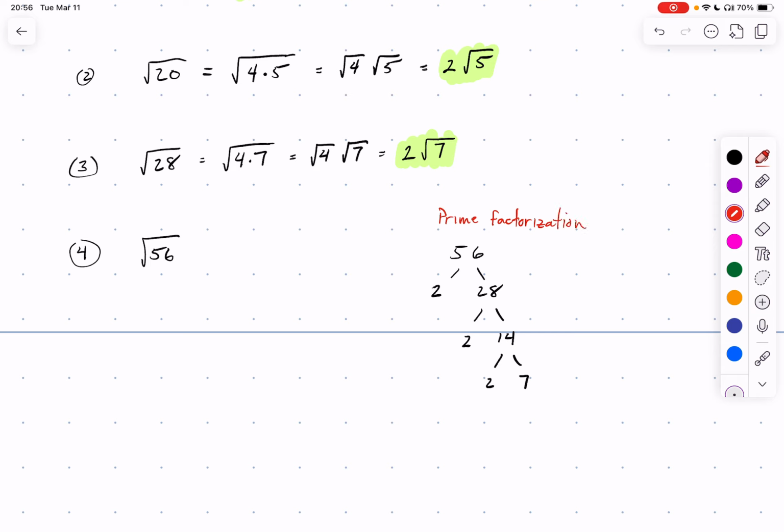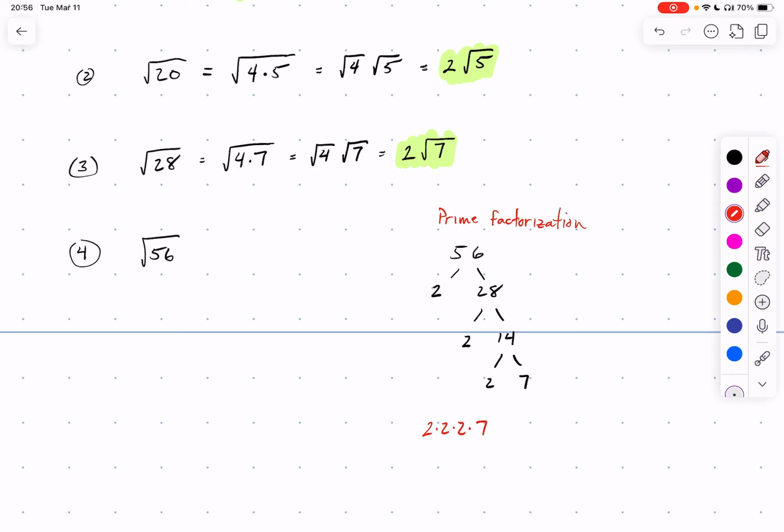Okay. So now what it's telling me is that 56 is equivalent to 2 times 2 times 2 times 7. And those are all the factors that make up 56. Okay.